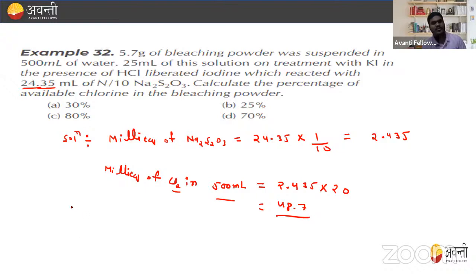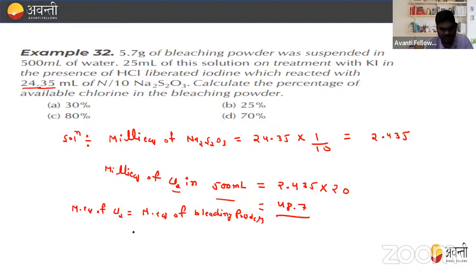Now the milli equivalent of Cl2 is equal to the milli equivalent of bleaching powder, right?